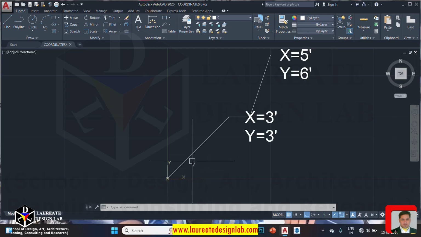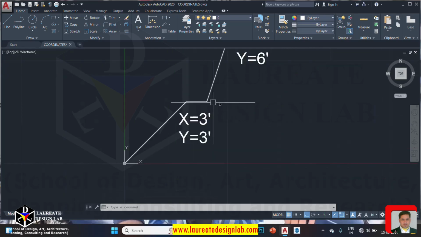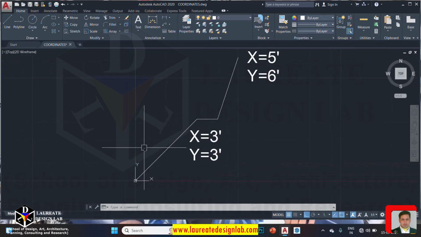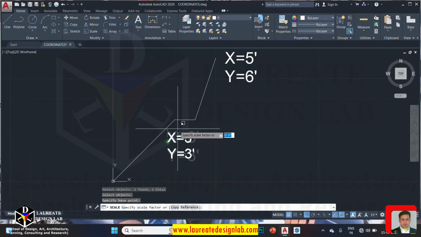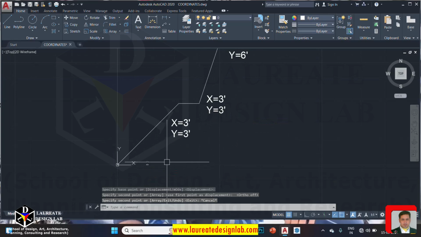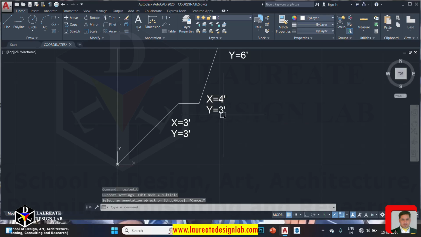In absolute coordinate, the origin point will remain here. This point has traveled 4 on x-axis and 1, 2, 3 on y-axis. So now we can write x is 4. Y is 3, so it's correct.